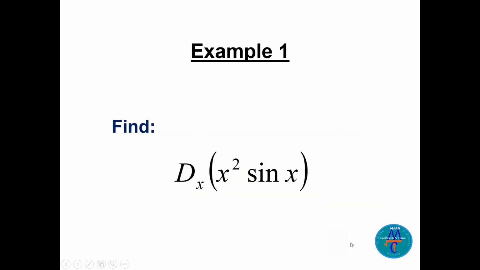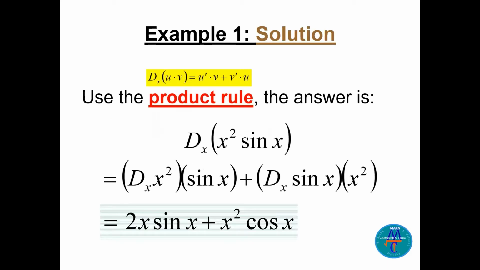Now let's start with this simple example here. Find the derivative of x squared times sine x. If we look at this example, we have to remember the product rule. Product rule says if we have a product u times v, the derivative will be u prime v plus v prime u. Now u here is x squared and v is the sine of x.